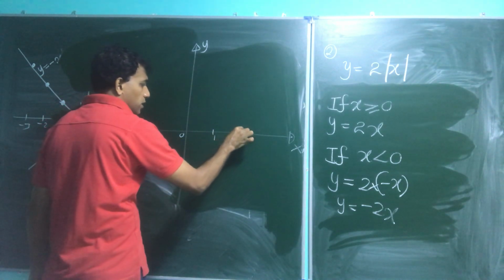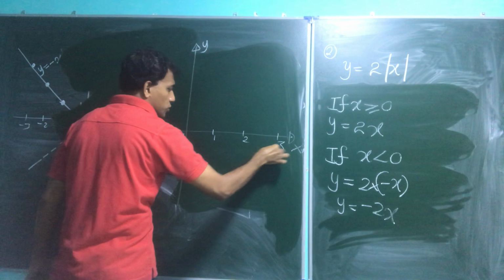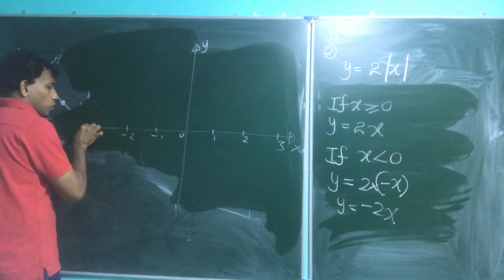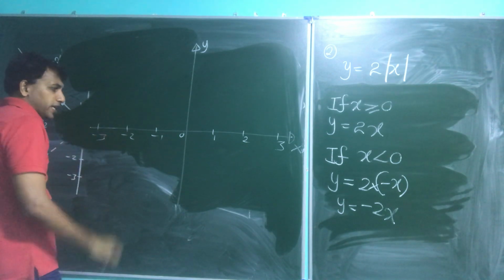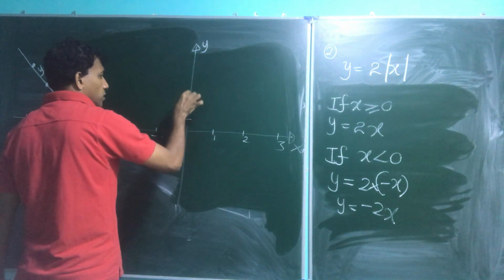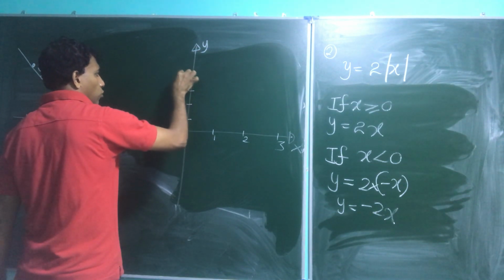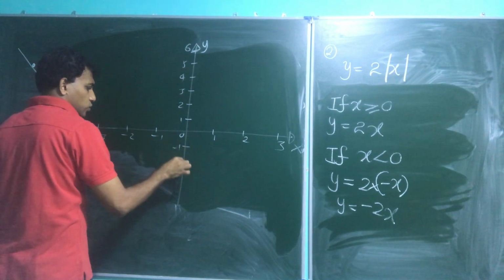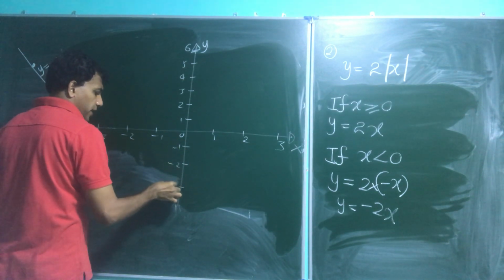So here x 1, here 2, if I mark the 3 also, here minus 1, minus 2, and here minus 3, and here 1, 2, 3, 4, 5, 6, and minus 1, minus 2, and so on, right?